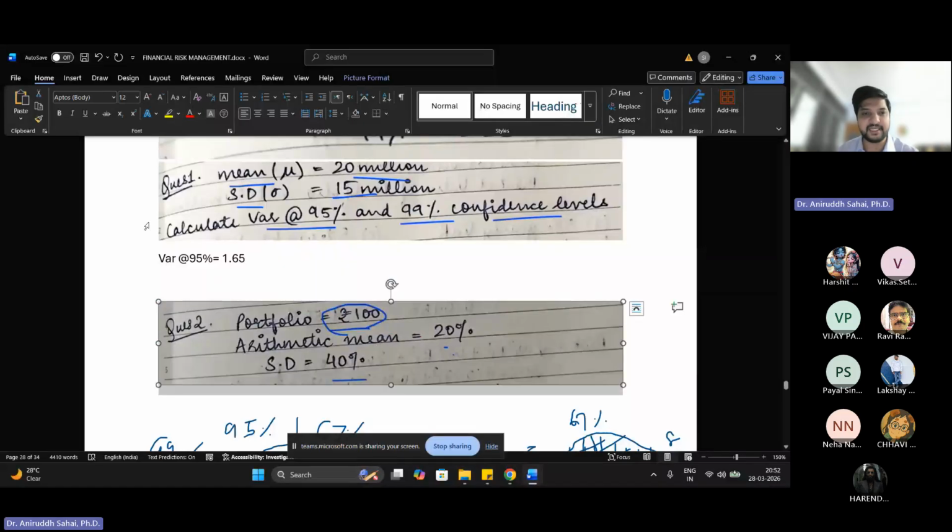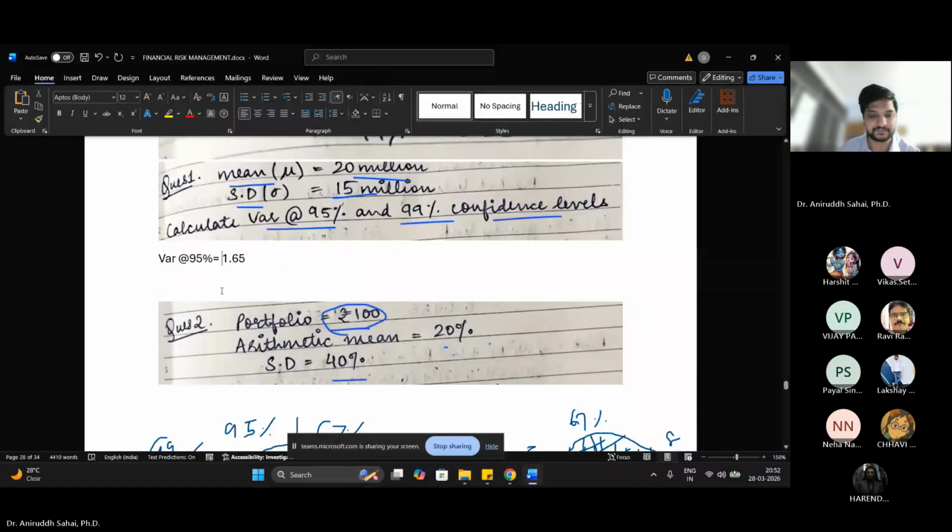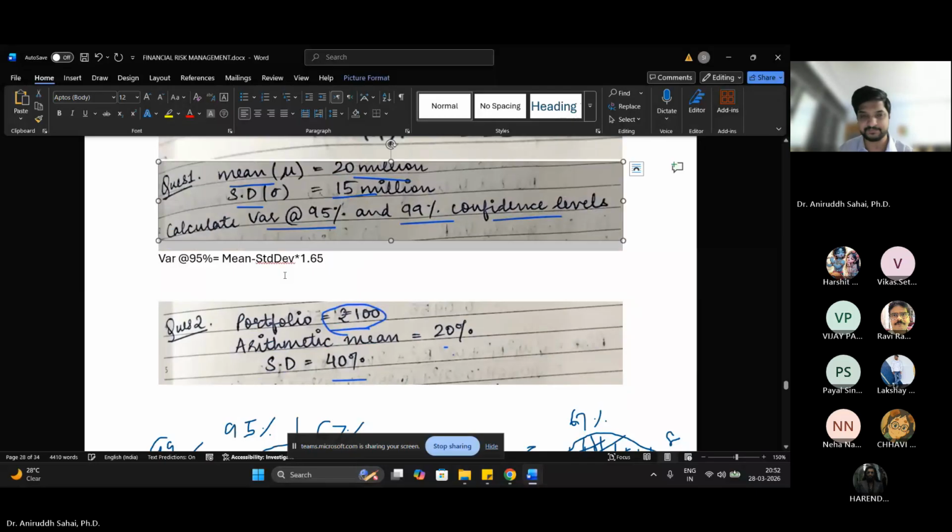The formula is mean minus standard deviation into 1.65. This is the formula.